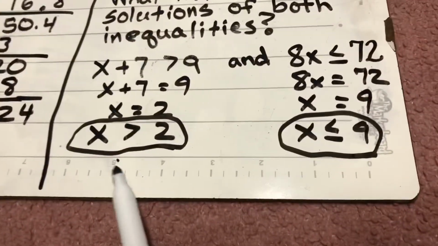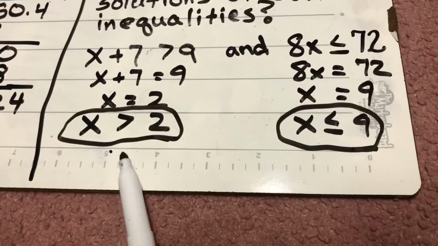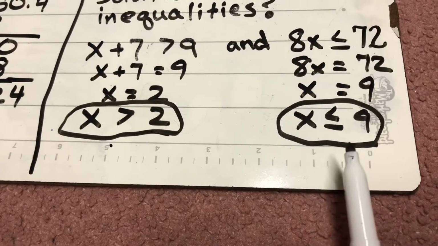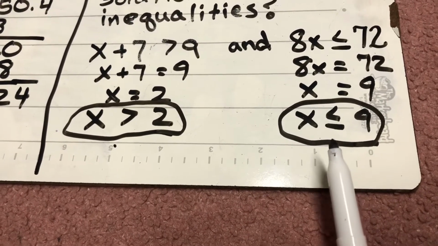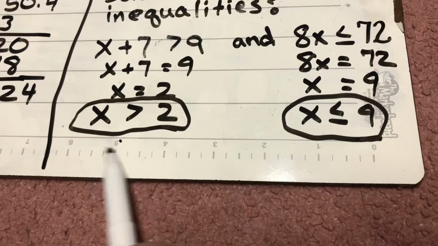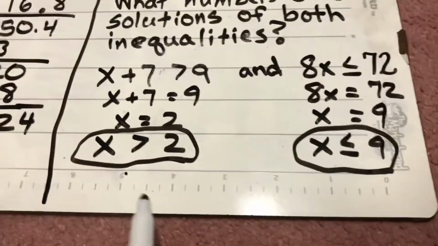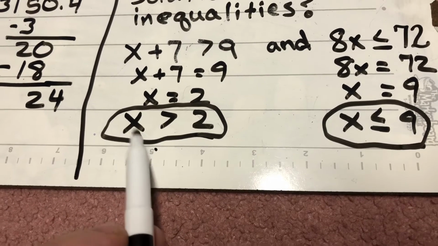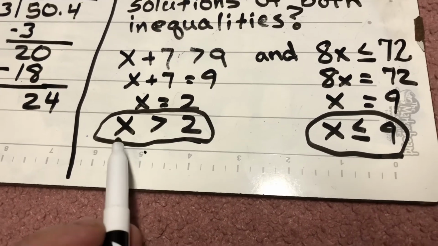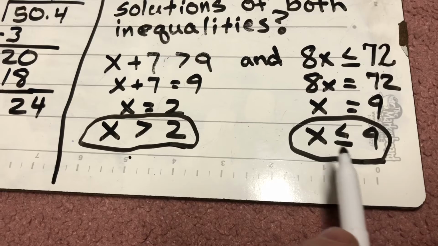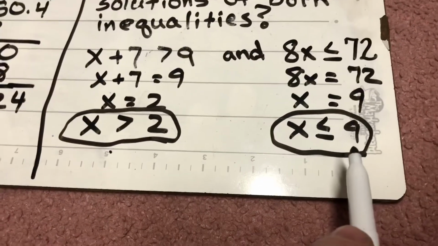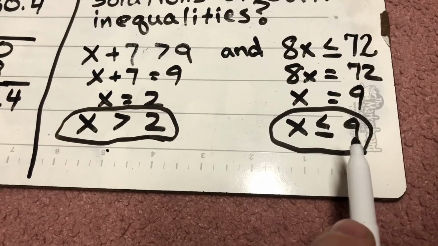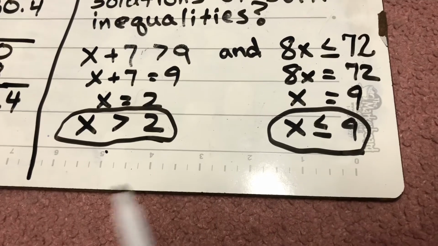So now I'm looking at these two inequalities. X is greater than 2. X is less than or equal to 9. Well, if x is greater than 2, that means any number here that's greater than 2 is allowed to be here. If I'm looking here, x is less than or equal to 9, it means anything 9 or less can be here.